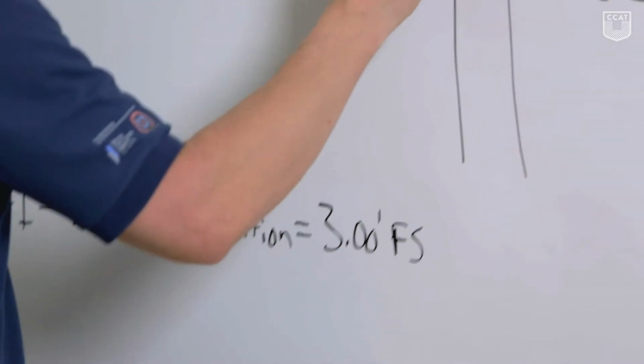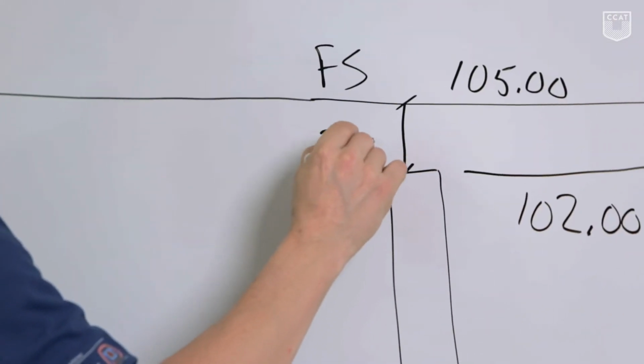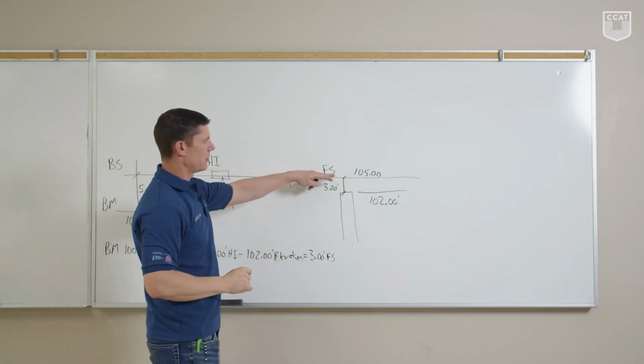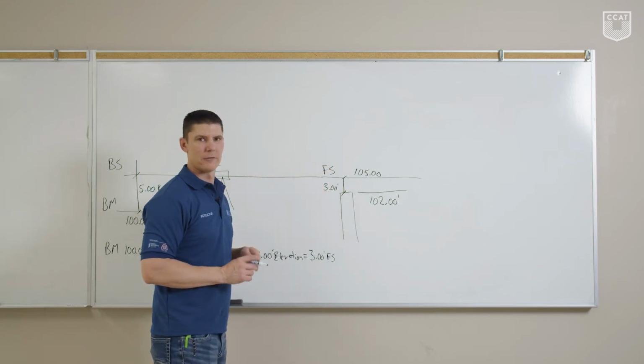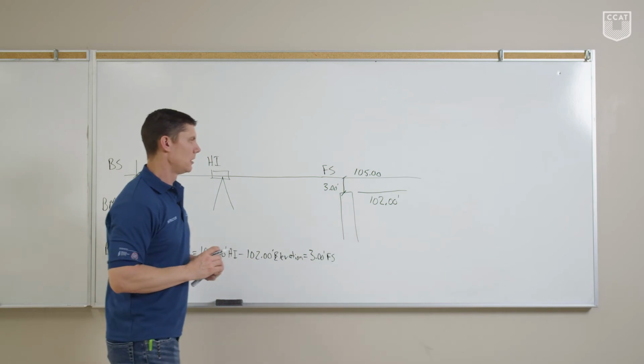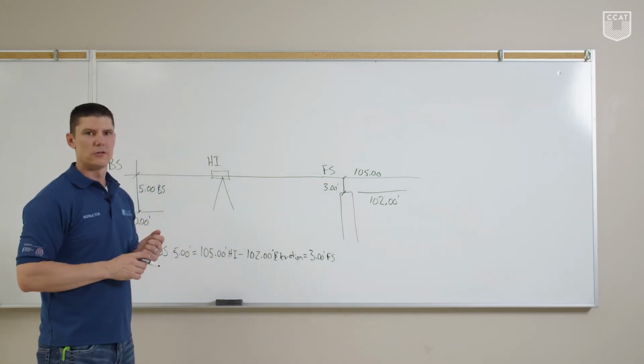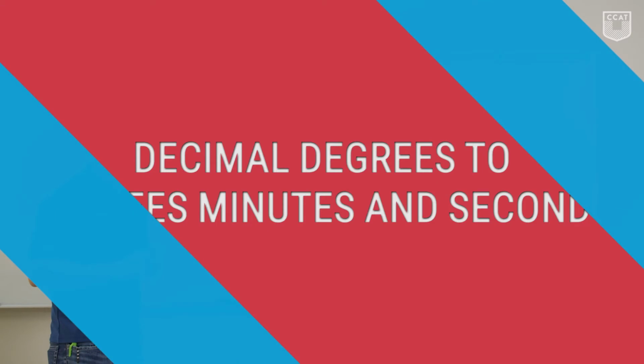So the distance from here to here would be 3 foot. We could measure down from our height of instrument 3 foot, and we'd be at the top of our foundation wall. So that's the steps we go through to determine the height of our foundation wall.